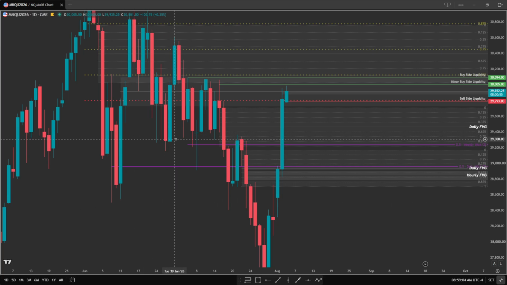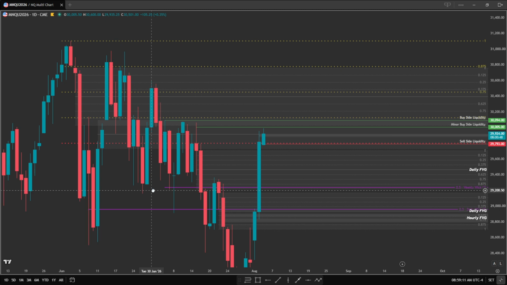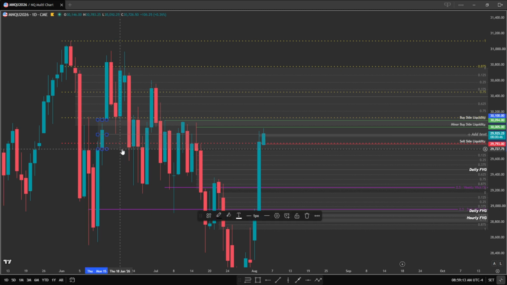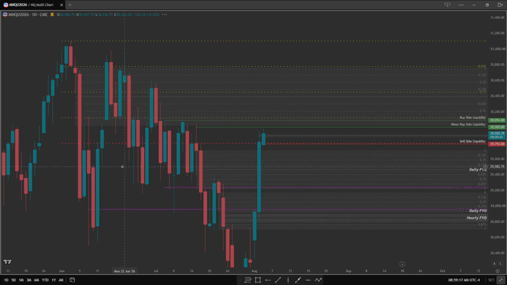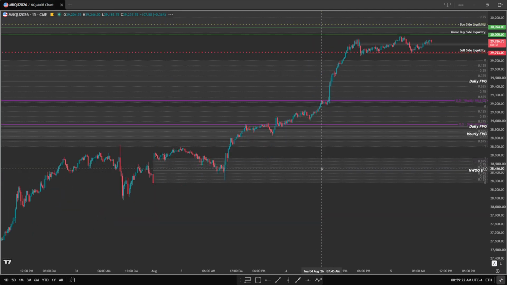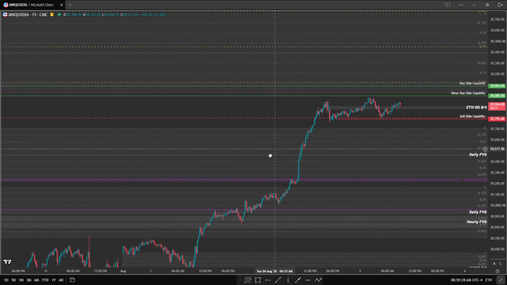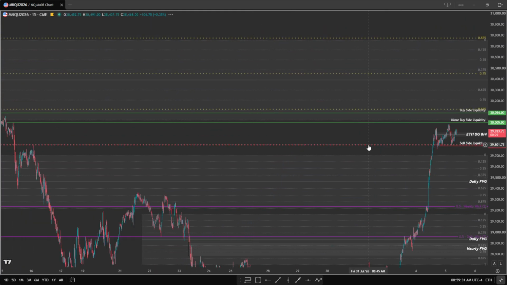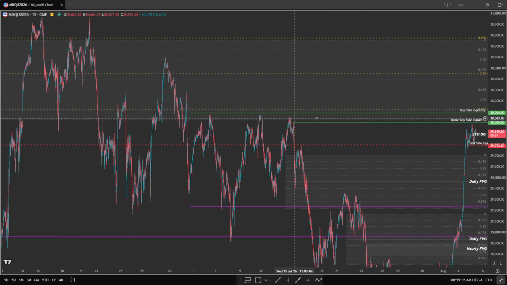Let's get busy. But I guess I'll jump down to a lower time frame here, kind of working around that midpoint. We're in really, really close proximity to that buy side.